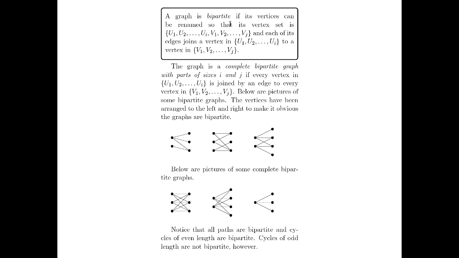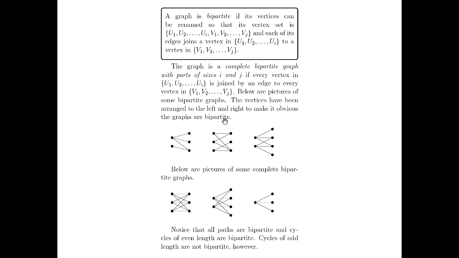That's what you want to be thinking here. A graph is bipartite if we can divide its vertices into one chunk, which we could label with various U's, and the other chunk of vertices with various V's, and then every edge should be between the chunks, not within the chunks, right?